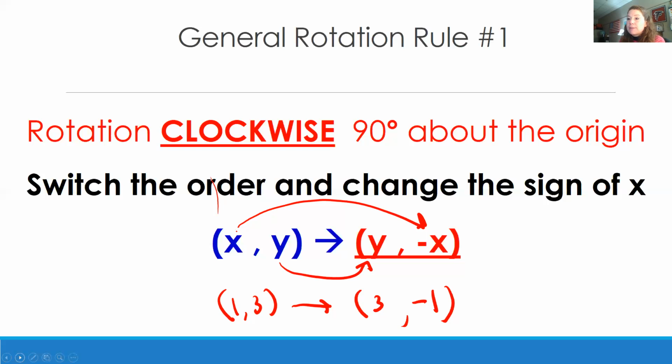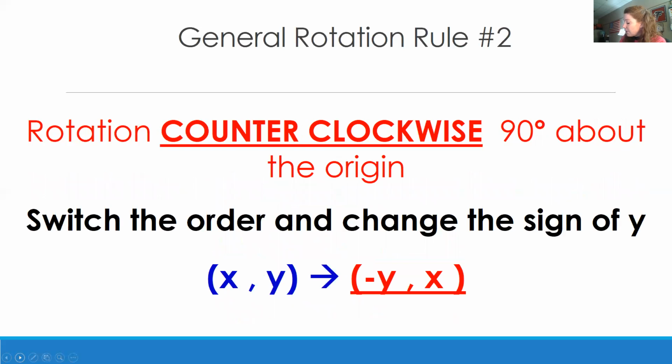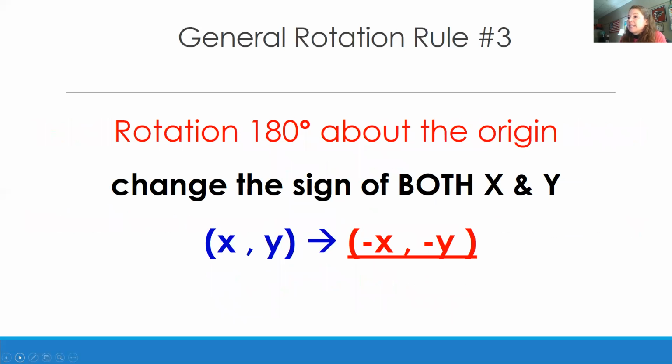And you should probably write them down too, because it's easier if you can see it in front of you. For counterclockwise, they still change positions, but this time the y changes sign. And then we really only need the other one, which is a 180-degree rotation. They stay in the same position, but they both change signs.